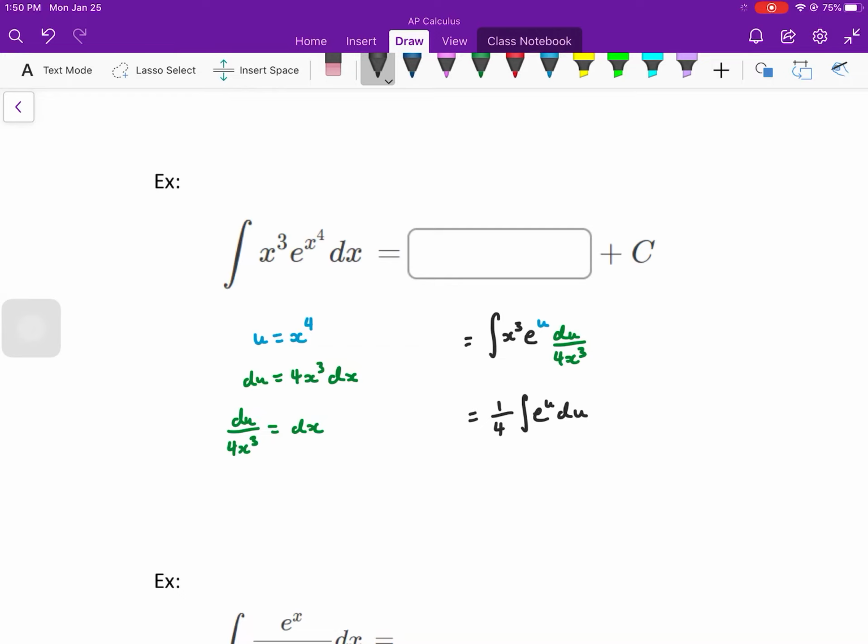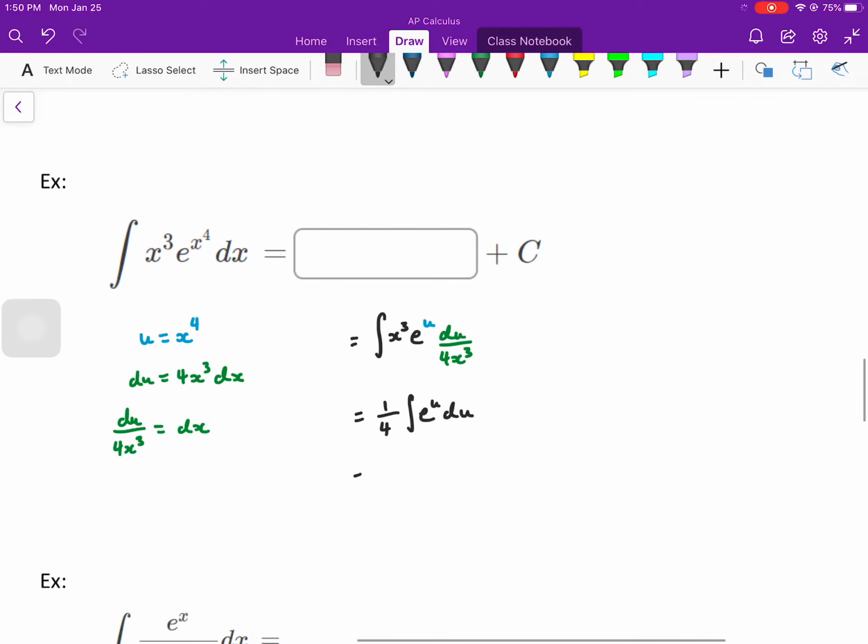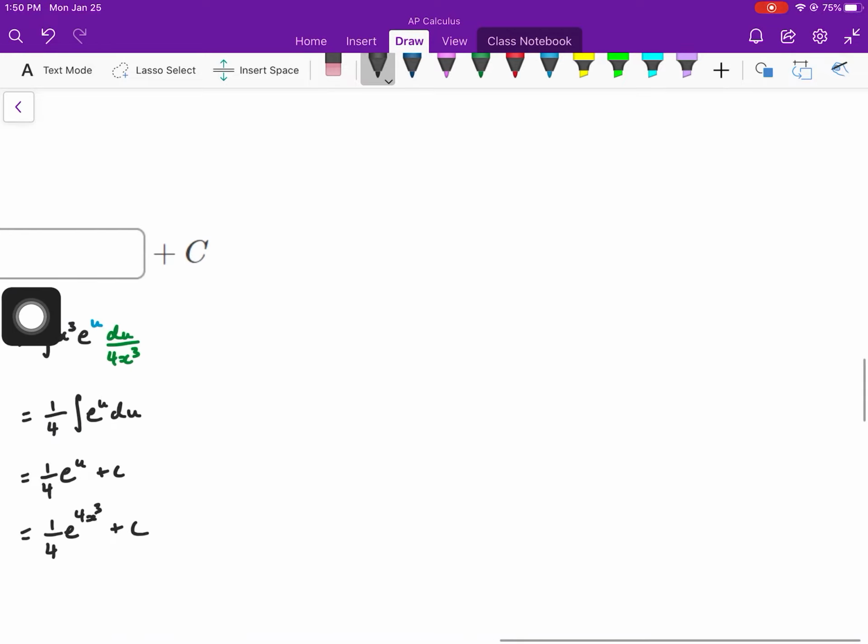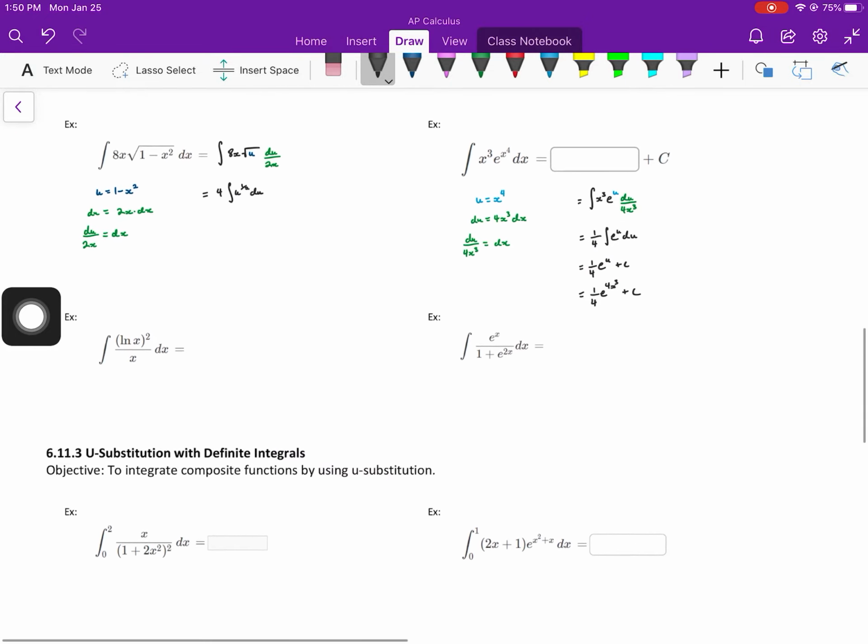Then the antiderivative of e to the u is just e to the u, so that one's pretty easy to complete. It makes sense. If you take the derivative of this, it should go back to what we started with. Oh, that's already to the right.